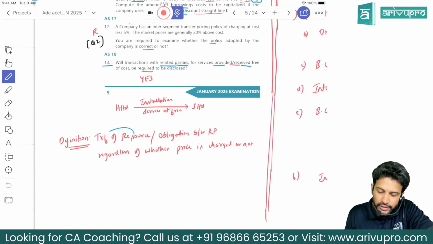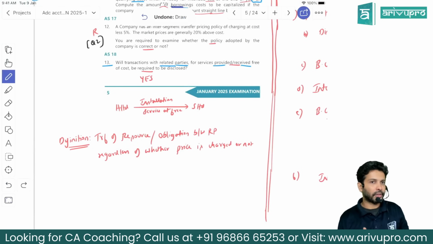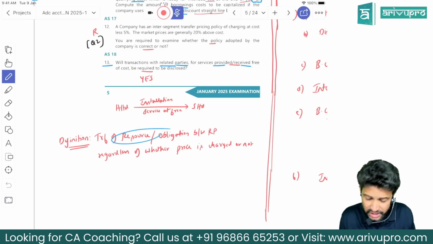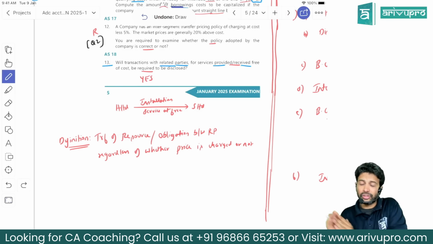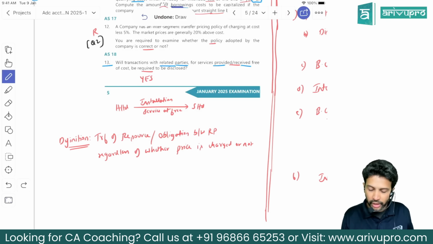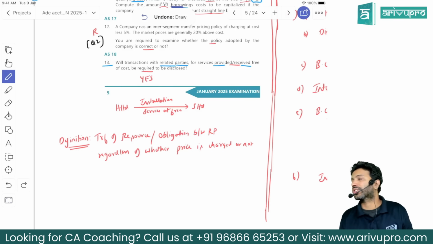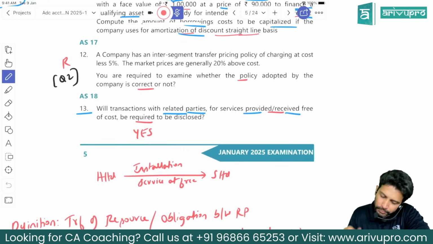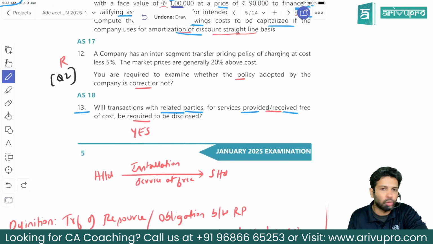For that you need to understand the definition of related party transaction. It means those transactions which involve transfer of resources or obligations, whether a price is charged or not. Maybe I'll first give you a small example. They have also given one example. H Limited is the holding company. S Limited is the subsidiary company.